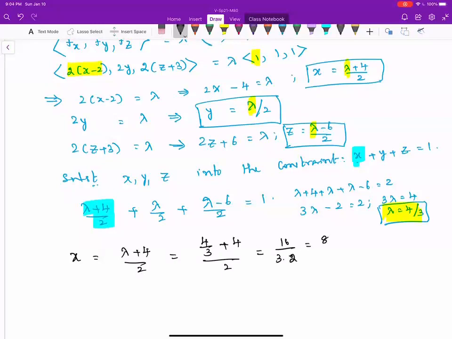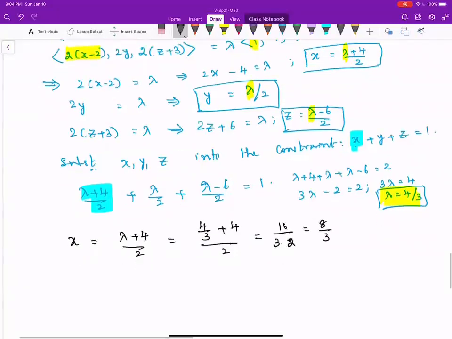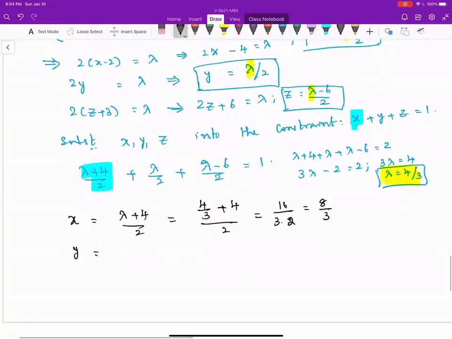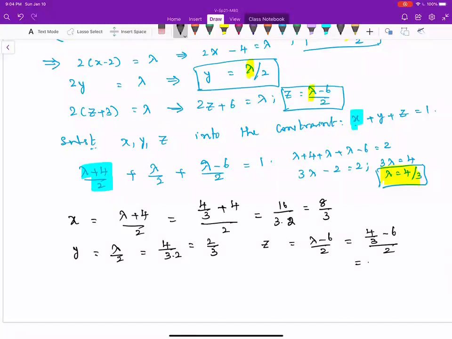That will be 8 divided by 3. Similarly, y equal to lambda divided by 2. So it is 4 over 3 divided by 2. So that will be 2 over 3. Then z equal to lambda minus 6 divided by 2. So 4 by 3 minus 6 divided by 2. So this will give us negative 7 over 3.